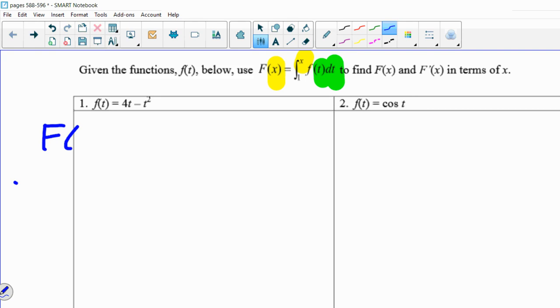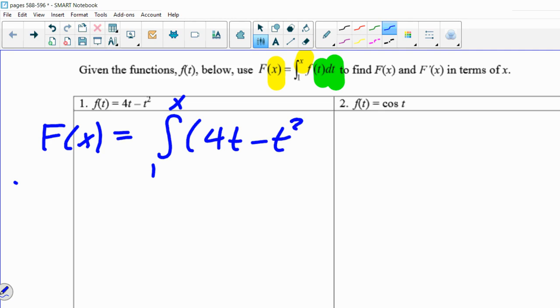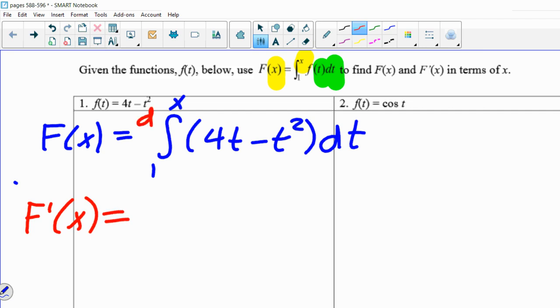So if big F of x is the integral from 1 to x of 4t minus t squared dt, then big F prime of x means you're taking the derivative of both sides with respect to x. Remember, why is it with respect to x? Because that's what that variable is, and it's what that variable is.